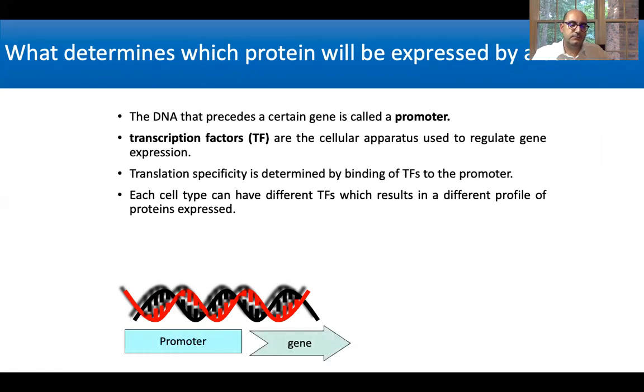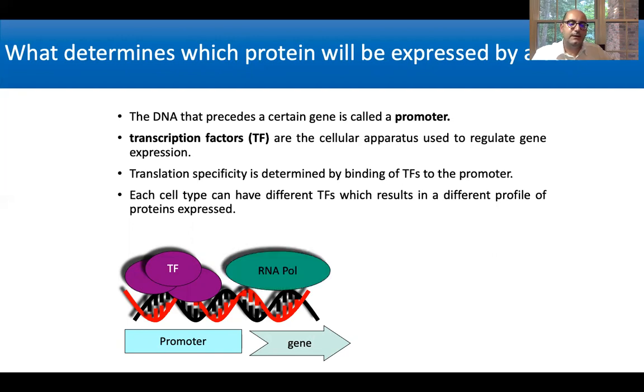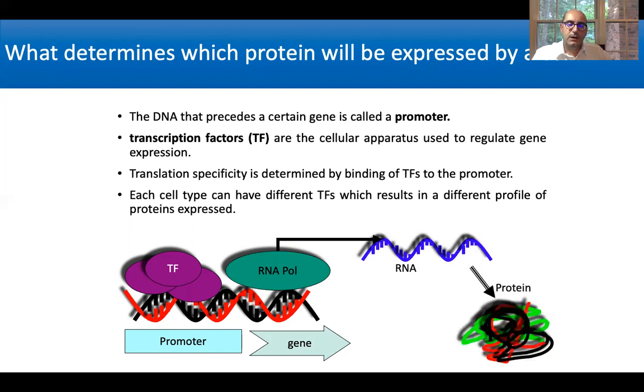Transcription factors are proteins that will bind to the DNA and enable the binding of the RNA polymerase, and together they will allow the transcription of the DNA into RNA. Later on, the RNA enters the ribosomes and it is translated into proteins.